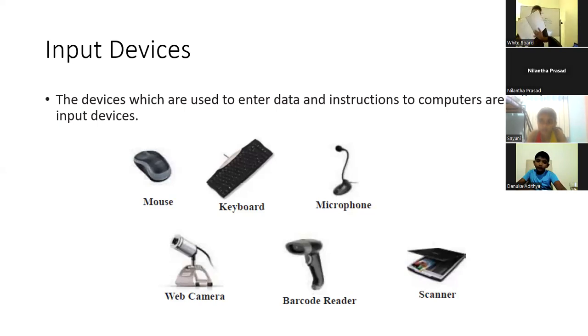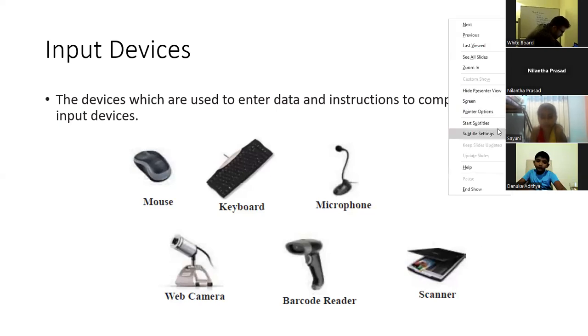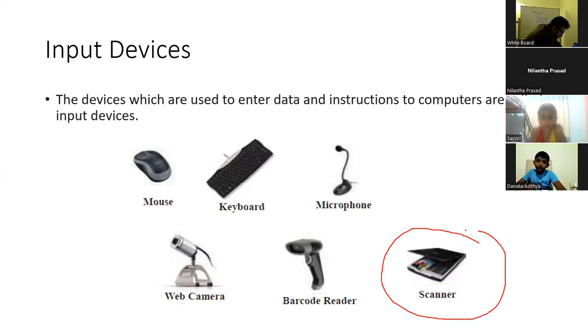So let's say there are several pages. You want to take a soft copy of that. So you are going to take a picture of that particular page, maybe this page. You can get the scanner and put that page in as you would in a photocopy machine.